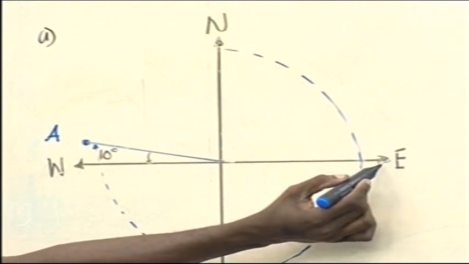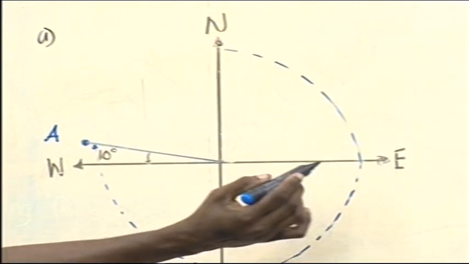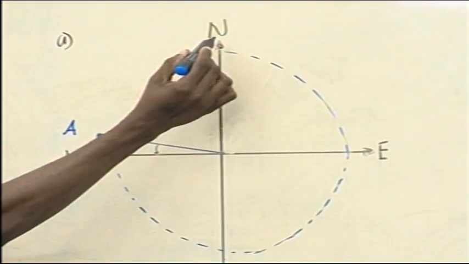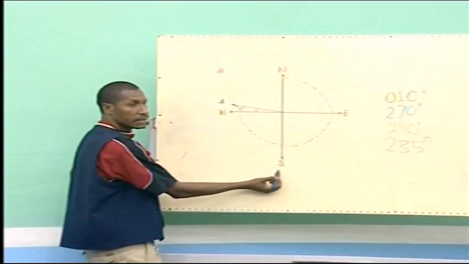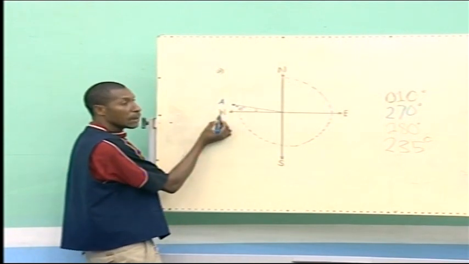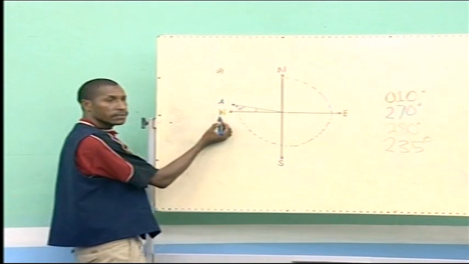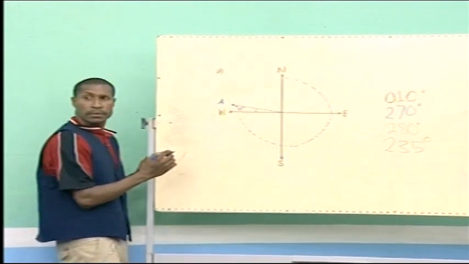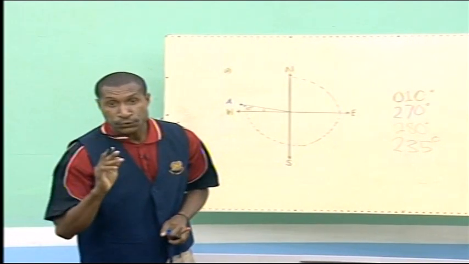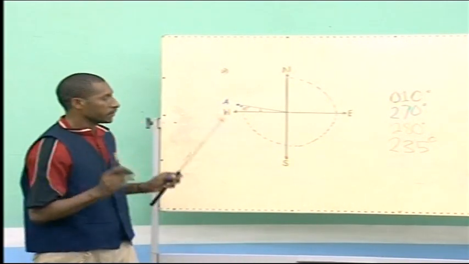Now, from north to east, how many degrees is that? From north to south, how many degrees is that? Now, from north to west, how many degrees is that? It is 270 degrees.